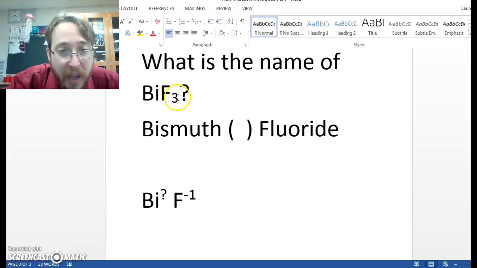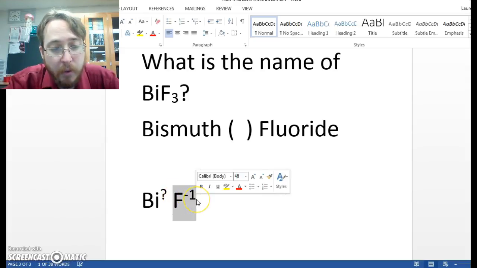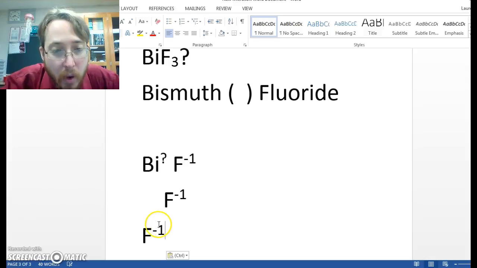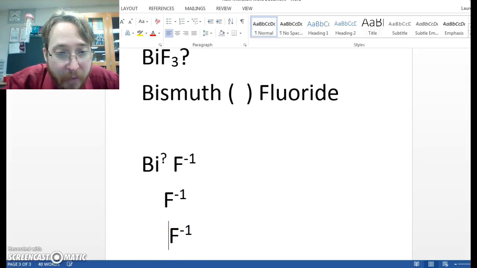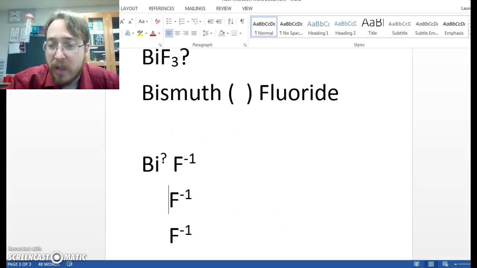Now let's go back to the count. We know that there are 3 fluorine here, so we know that overall we're going to have 3 of these guys involved. So what does that mean?